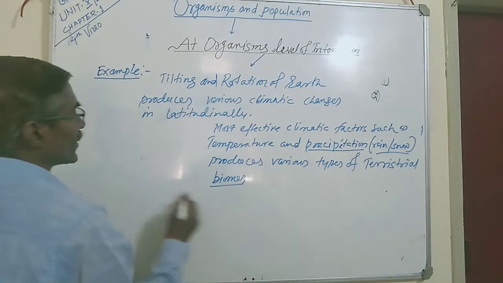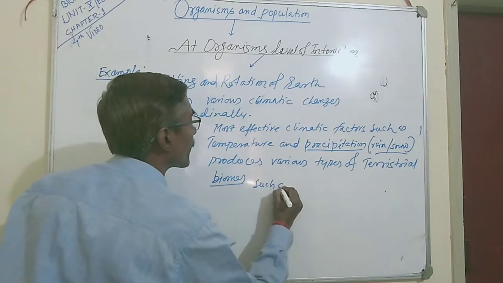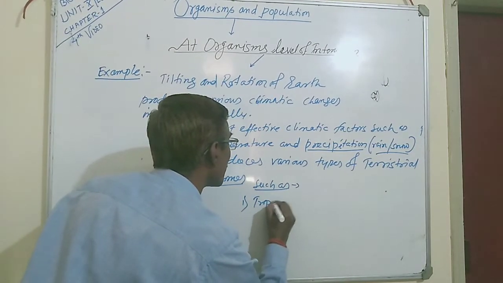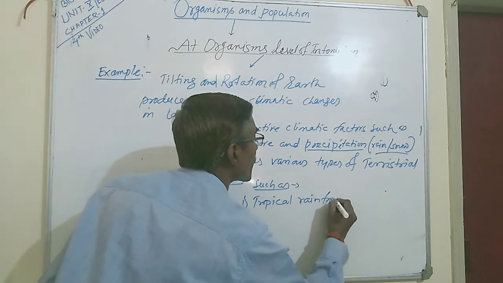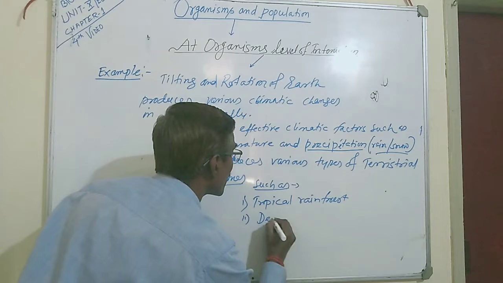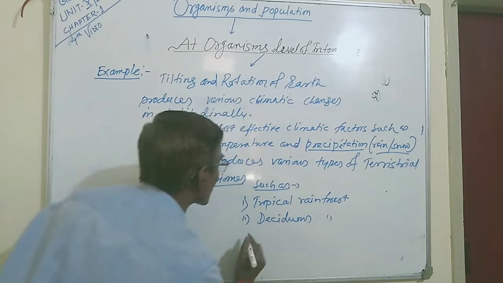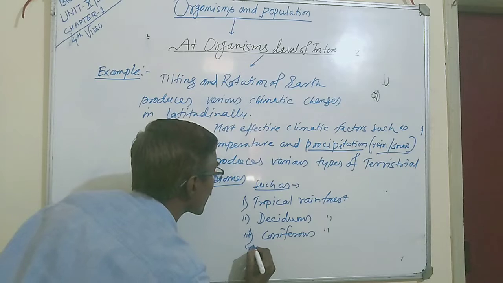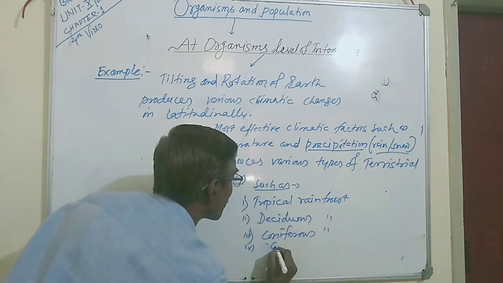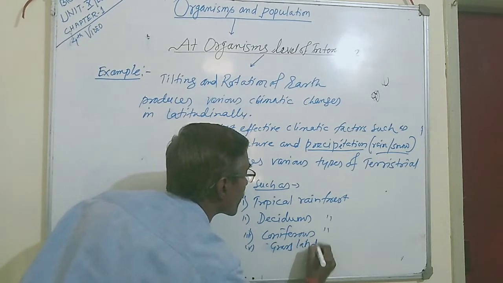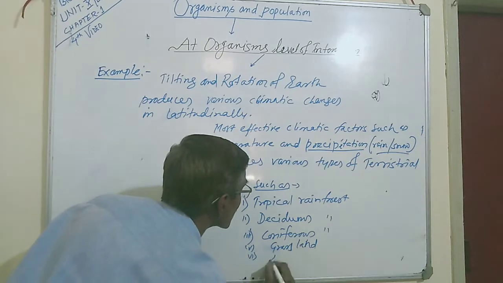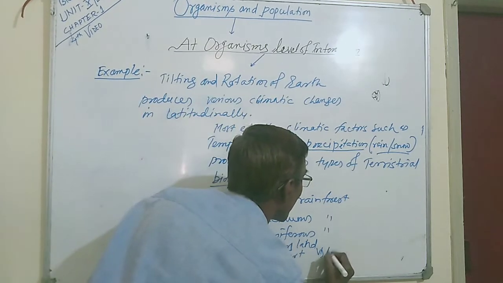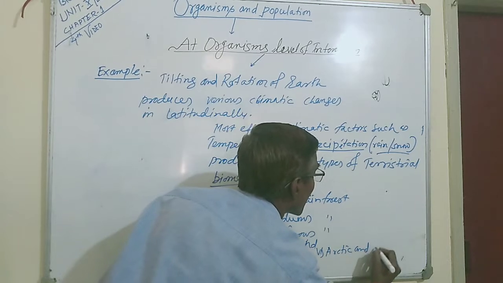Generally, there are a number of biomes, such as number 1, tropical rainforest, deciduous forest, coniferous forest, grassland, desert, and Arctic and alpine.